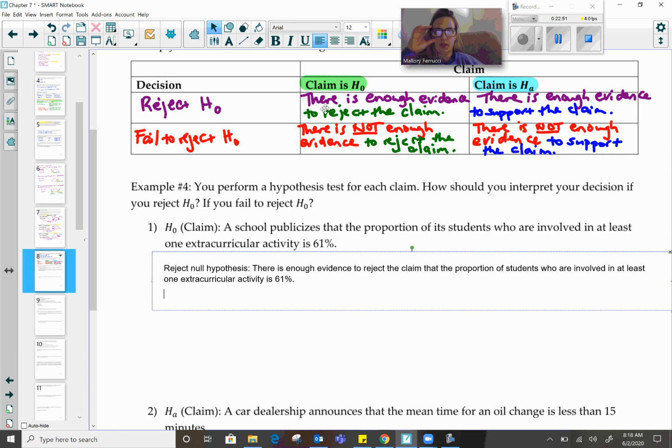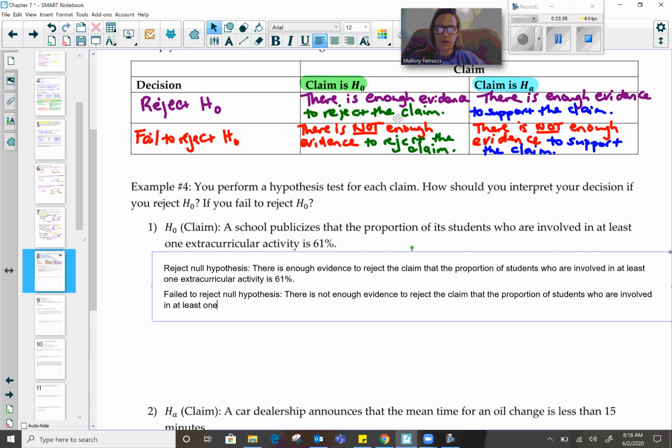Okay, if that was my final decision. Now, if I failed to reject the null hypothesis, let's say that was my final decision, I'm going to start off with there is not enough evidence to reject the claim, since the initial claim was the null hypothesis, that the proportion of students who are involved in at least one extracurricular activity is 61%.